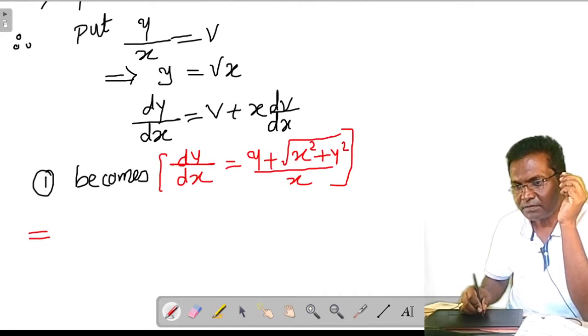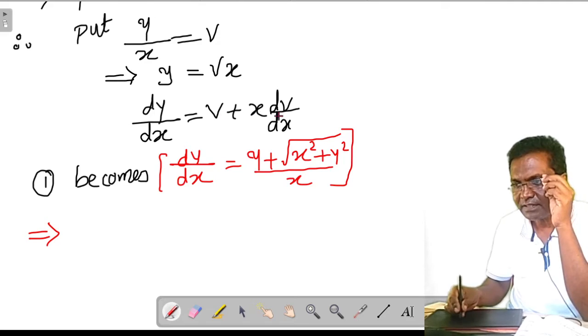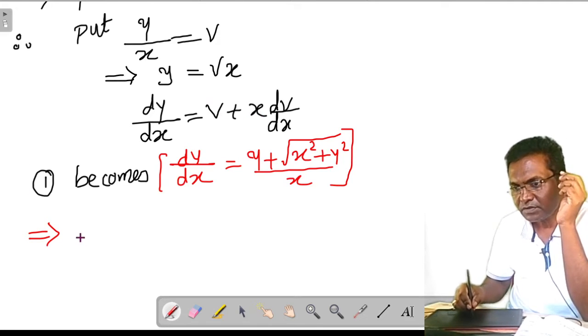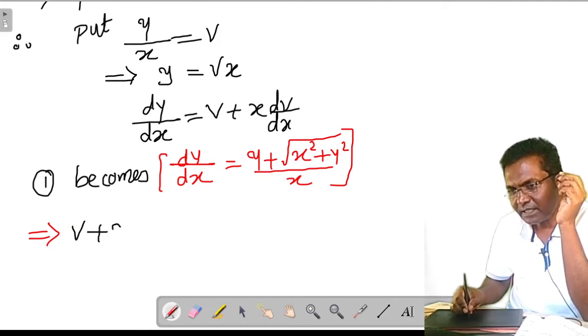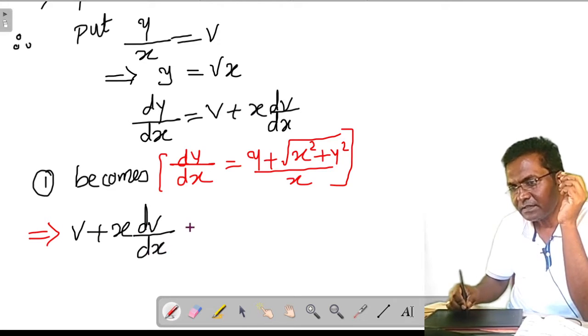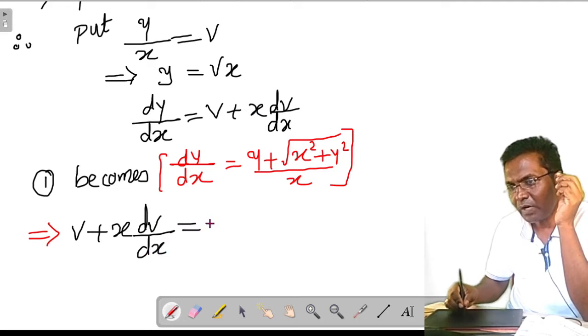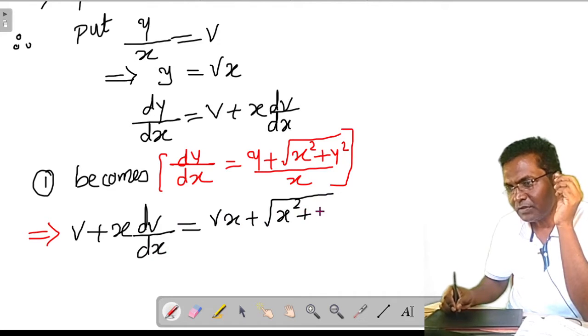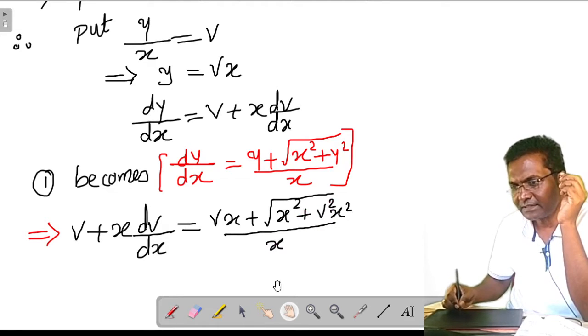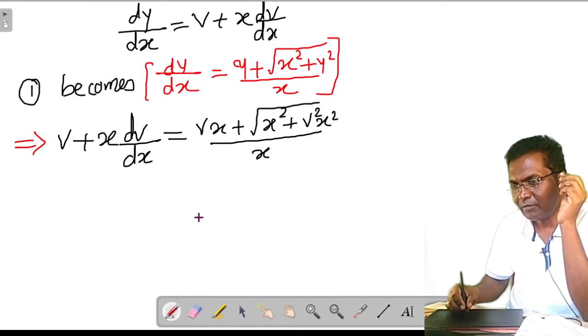So this implies what we will get: dy by dx means v plus x dv by dx is equal to y as vx, x squared as it is, y squared means v squared x squared, divided by x. Okay, always x gets cancelled.